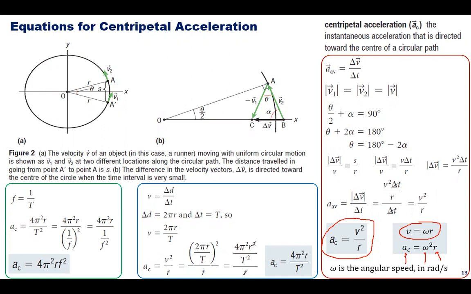Remember that the speed is constant, right? And that it equals the length of the path the object travels, which means the circumference of the circle, or 2 pi r, divided by the period T. So we have the following relationship here.